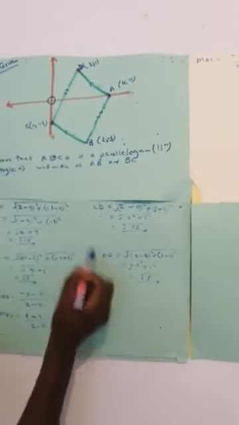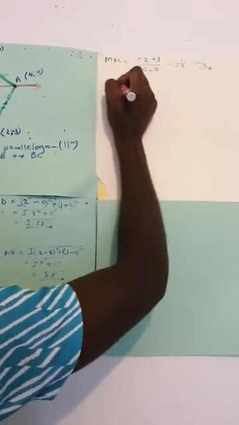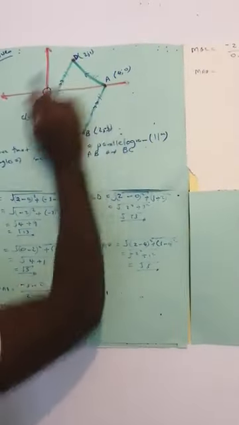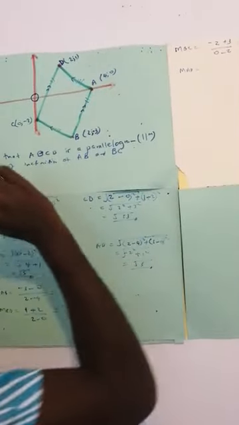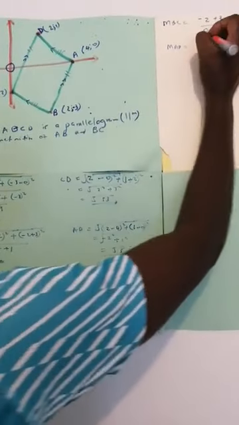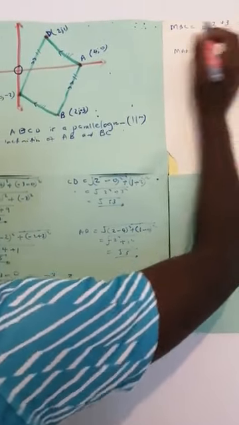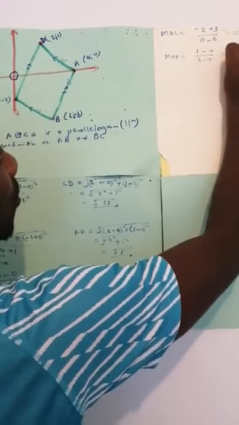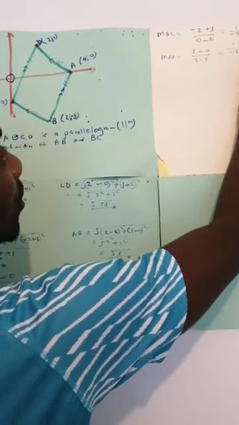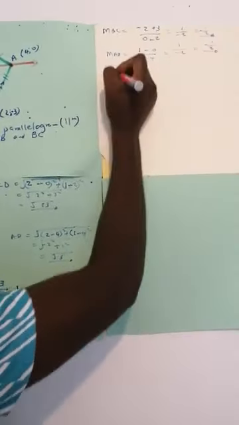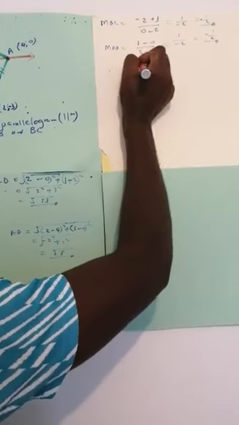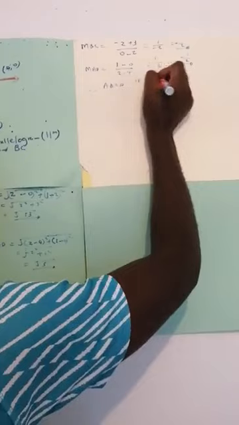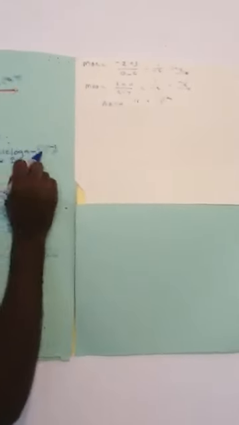And then we are moving to the gradient of AD. If they are equal, it means they are parallel. We'll say the gradient of AD is 1 minus 0 over 2 minus 4. This one is equal to 1 over -2, which is -1 over 2. They are equal. Therefore, ABCD is a parallelogram. So this one is proven.